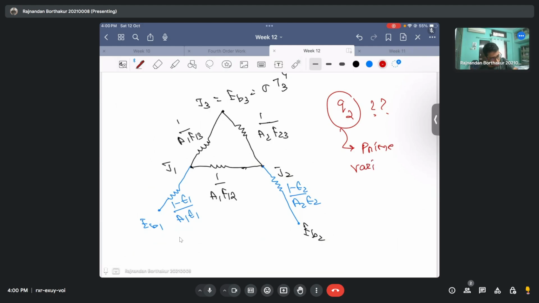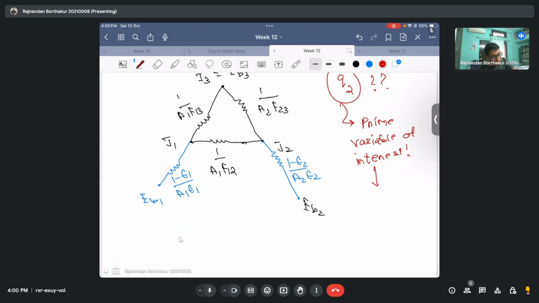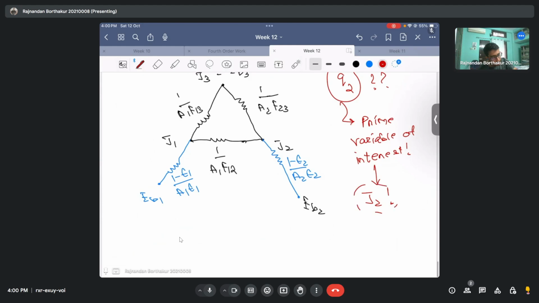You need to remember that it is the prime variable of interest. For calculating Q2, you need to first evaluate J2, and we will evaluate this J2 from the resistance network. That's the algorithm.